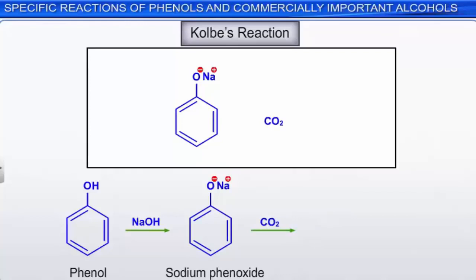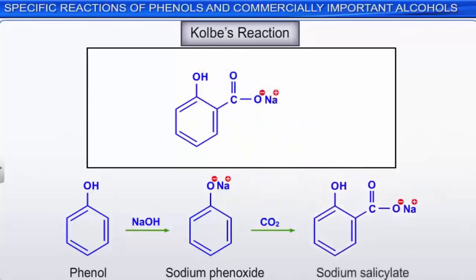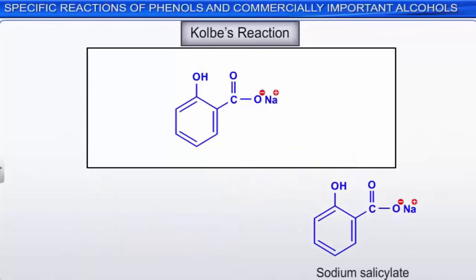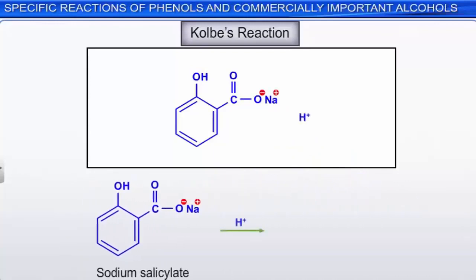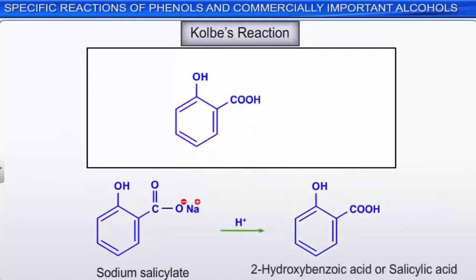Carbon dioxide, the neutral electrophile, attacks the phenoxide ion to form sodium salicylate. The sodium salicylate, when acidified, forms 2-hydroxybenzoic acid, or salicylic acid. The ortho position is favored in Kolbe synthesis.